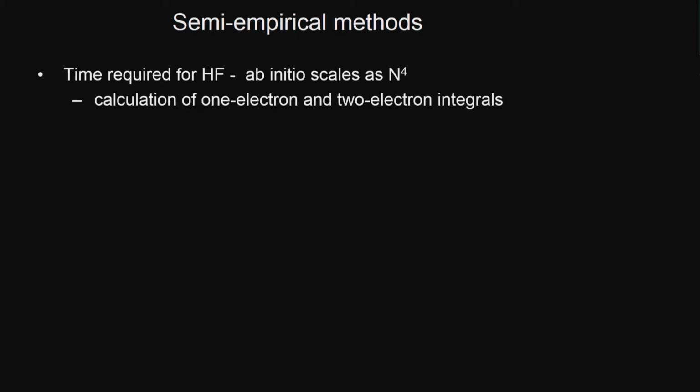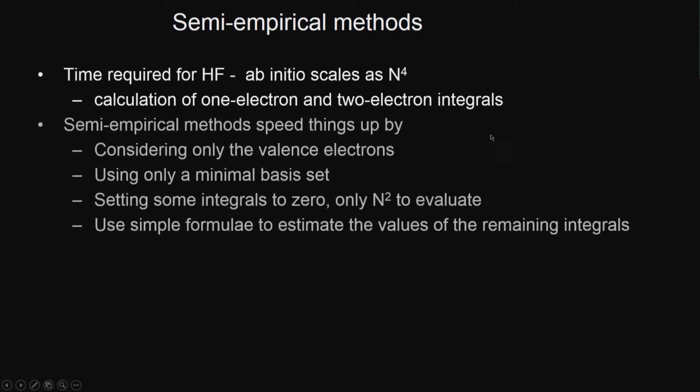The time required for Hartree-Fock scales as n raised to the power 4, that is the evaluation of 1 electron and 2 electron integrals. Semi-empirical methods speed things up by considering only the valence electrons, using only a minimal basis set, and setting some integrals to 0.